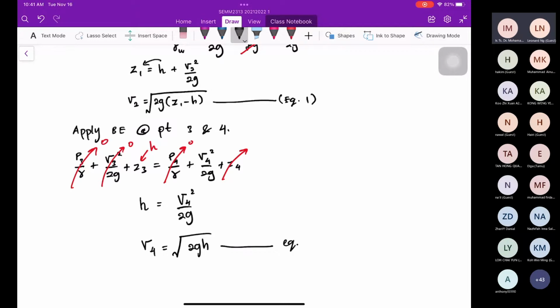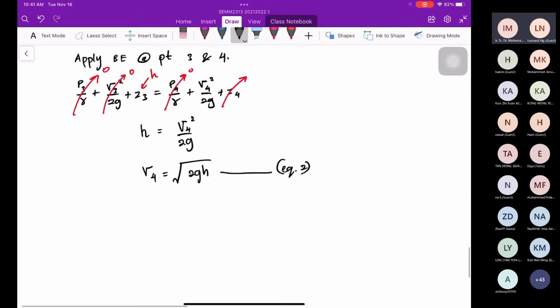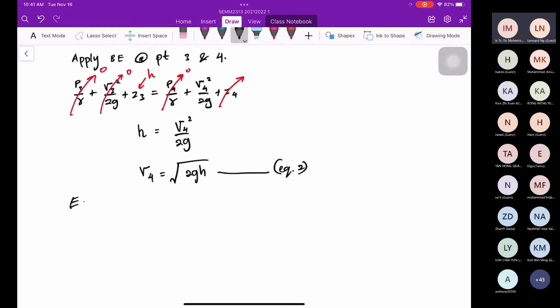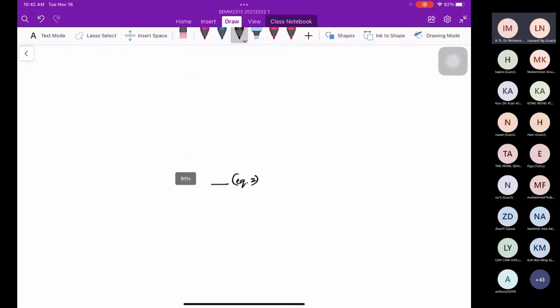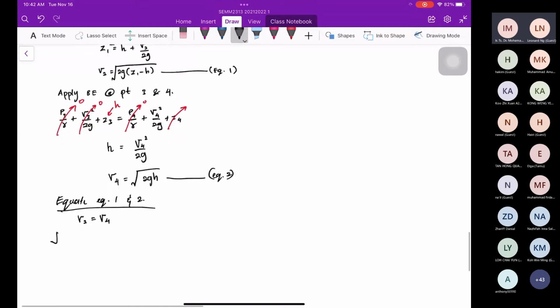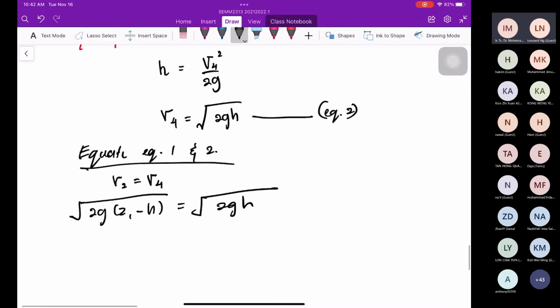This is equation 2. Equate equation 1 and equation 2. V2 equal to V4, which is square root of 2G(Z1 minus H) equal to square root of 2GH.